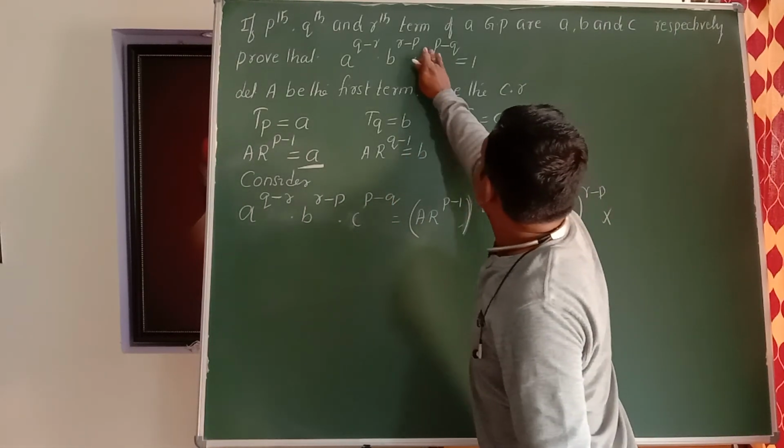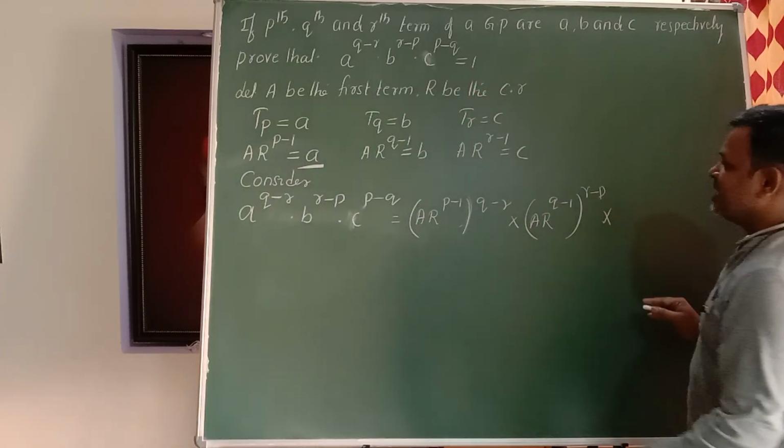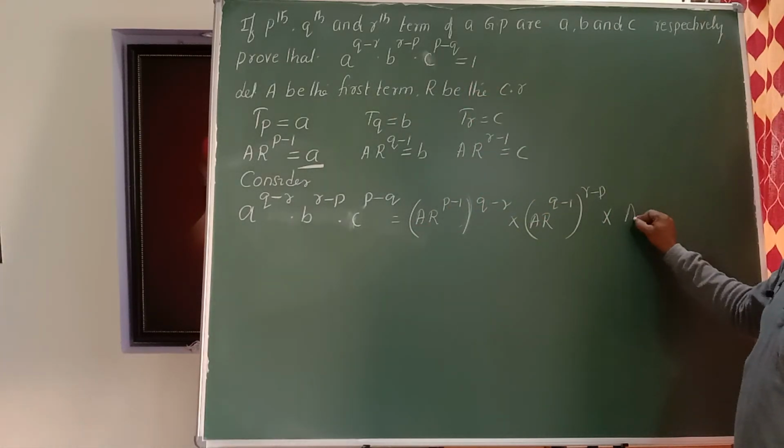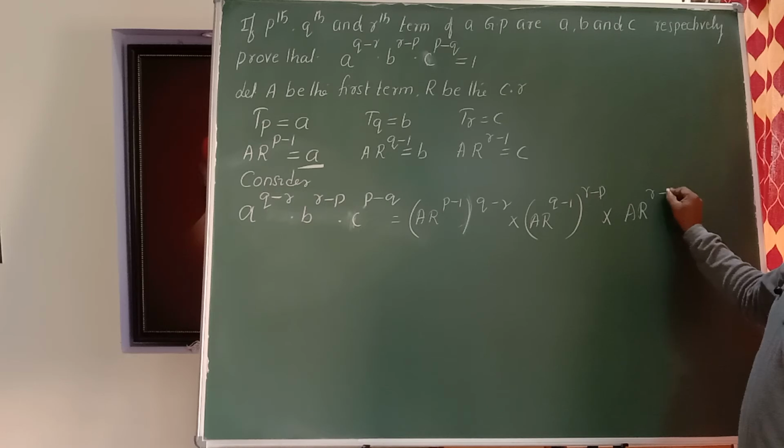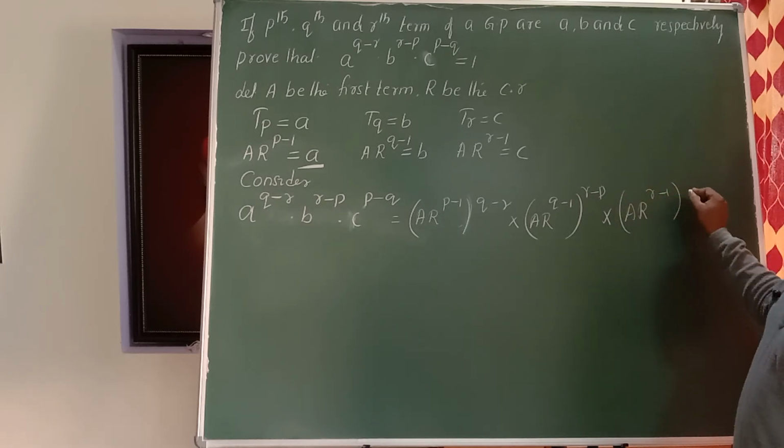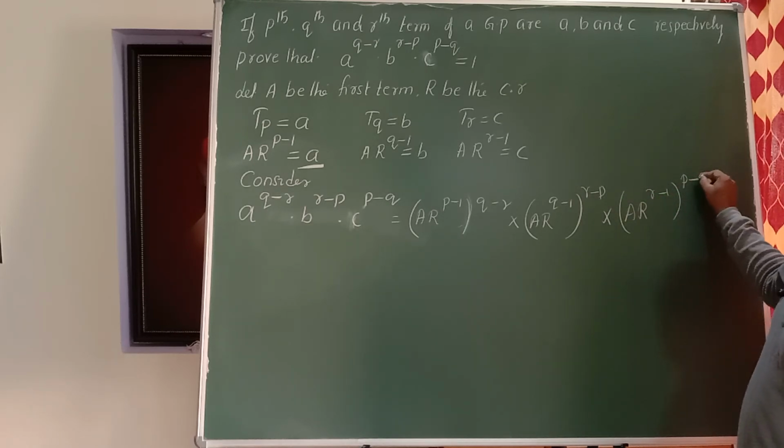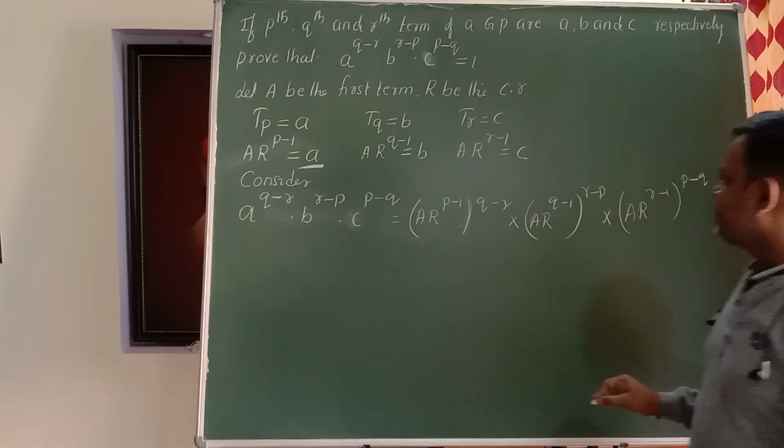Okay, this is c, c power P minus Q. What is c? A R power R minus 1 whole power P minus Q.